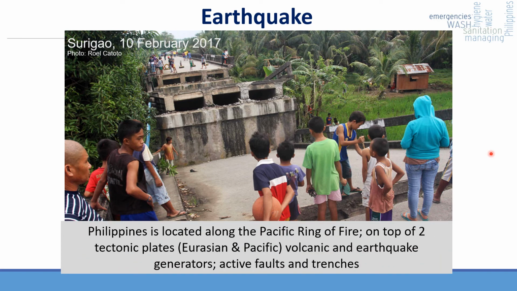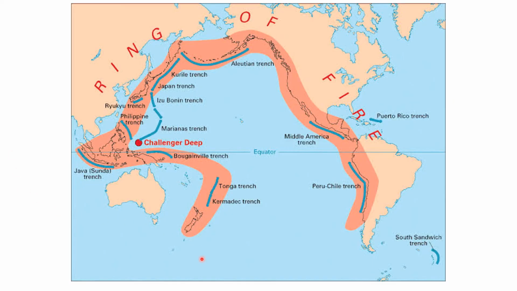The Philippines is located along the Pacific Ring of Fire and on top of two tectonic plates, the Eurasian and Pacific plates, which are volcanic and earthquake generators, and there are also very many active faults and trenches. This is the Pacific Ring of Fire, and here is the Philippines.